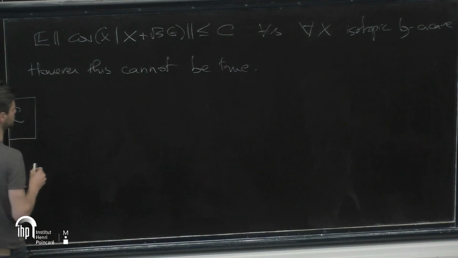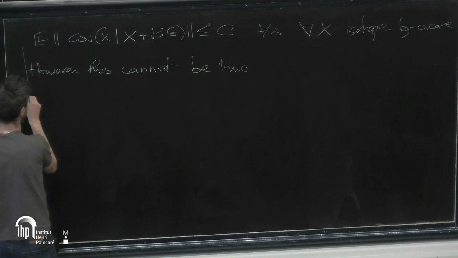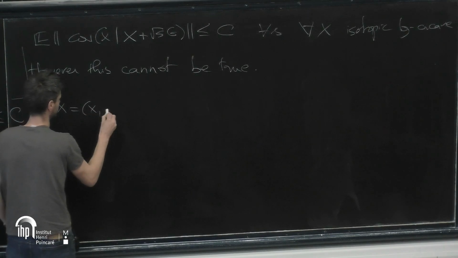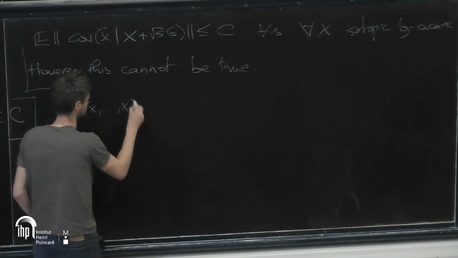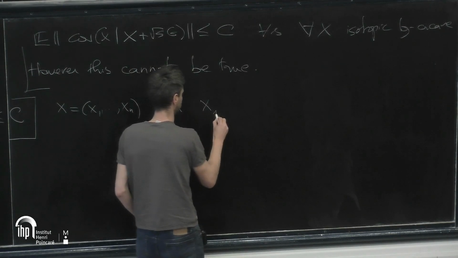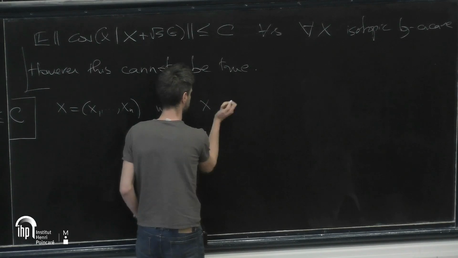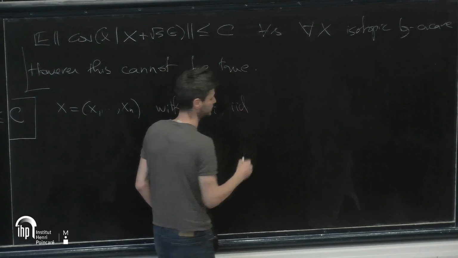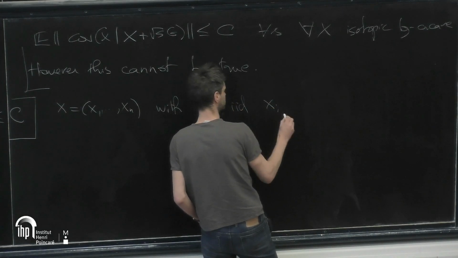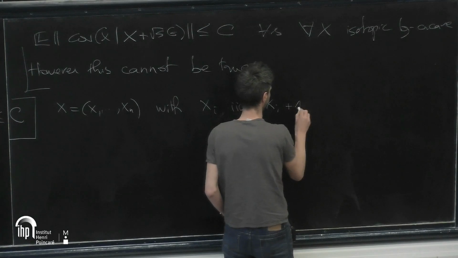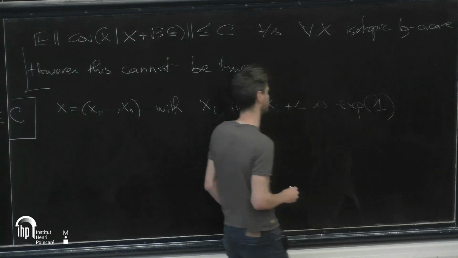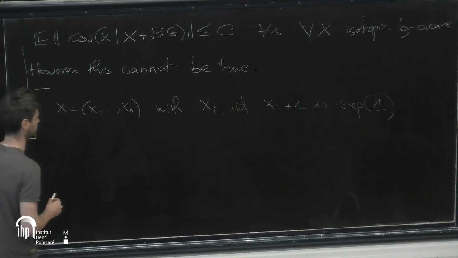Okay, here is the example. So take x equals x1 up to xn with xi iid, so independent coordinates, such that xi plus 1 is an exponential variable with parameter 1.